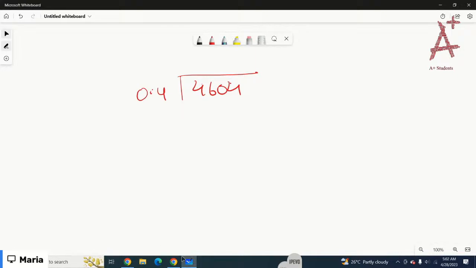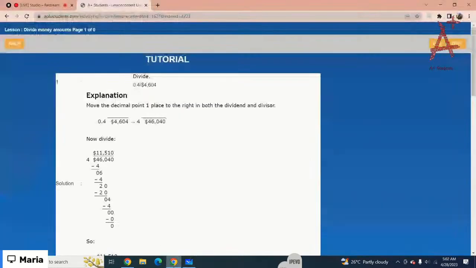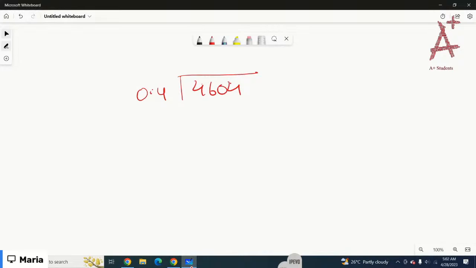Got it? So the first thing we have to do is remove the decimal point from the divisor. You have just one decimal place in the divisor. So that means you need to move the decimal point one place right in both divisor and dividend. Got it?